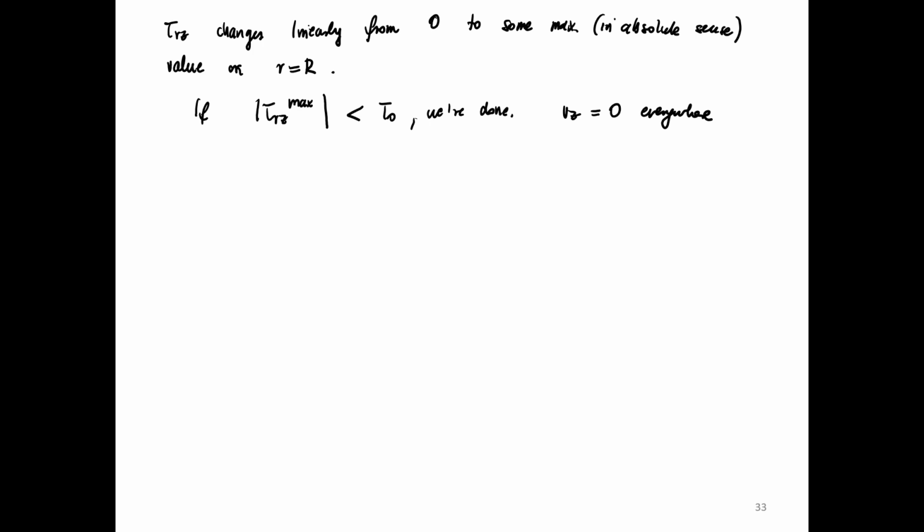But I can change that, because if I crank up the driving pressure, I will hit that tau 0 eventually. Otherwise, tau at some R0 is equal to tau 0 for some R0 between 0 and R. So somewhere inside my tube.